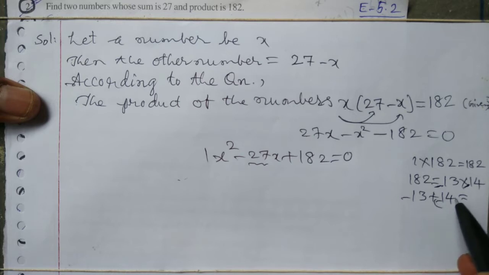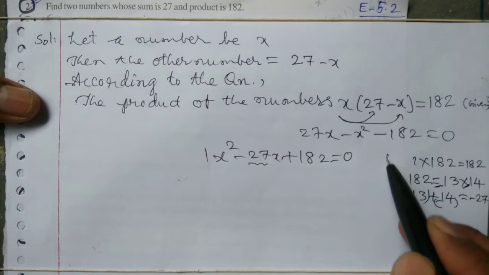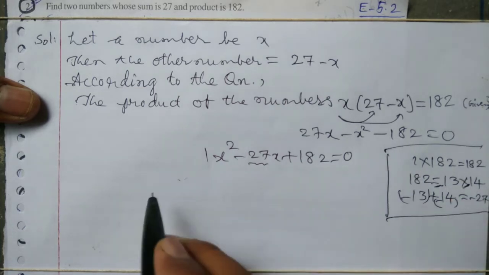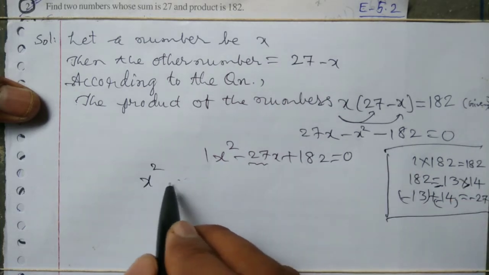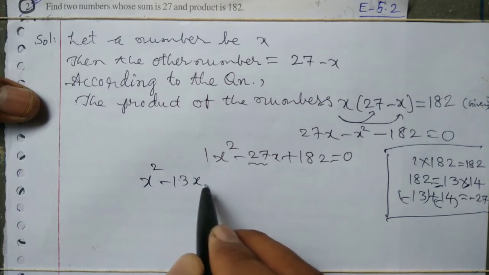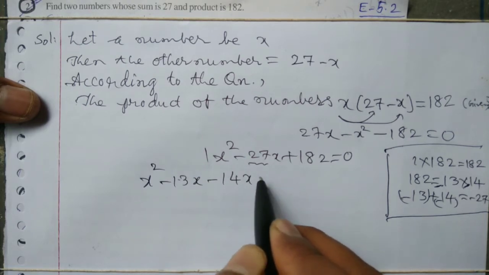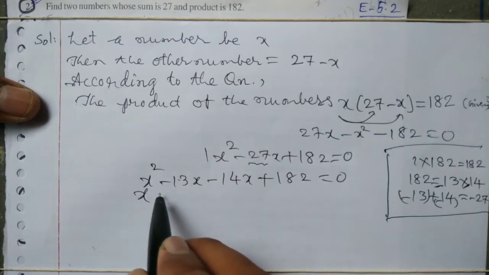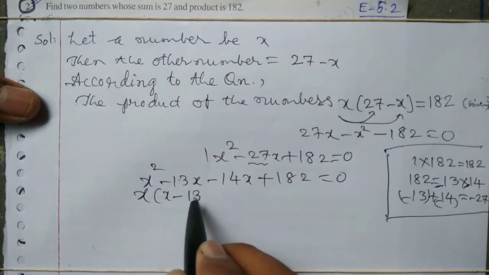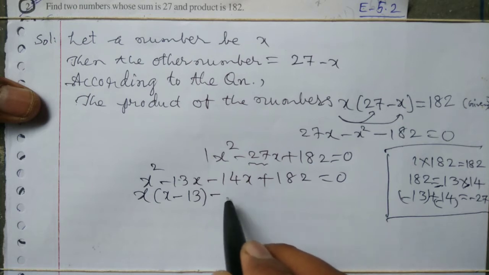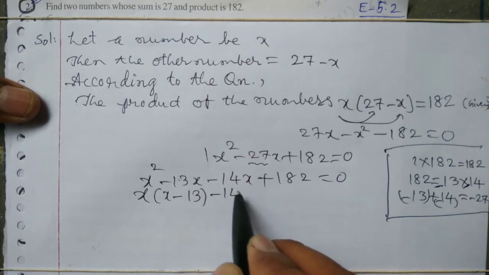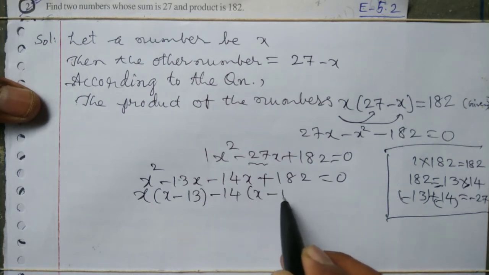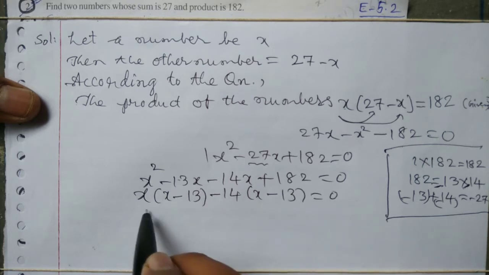So minus 27: x square minus 13x minus 14x plus 182 is equal to 0. x is common, x minus 13; here 14 is common, x minus 13 is equal to 0.